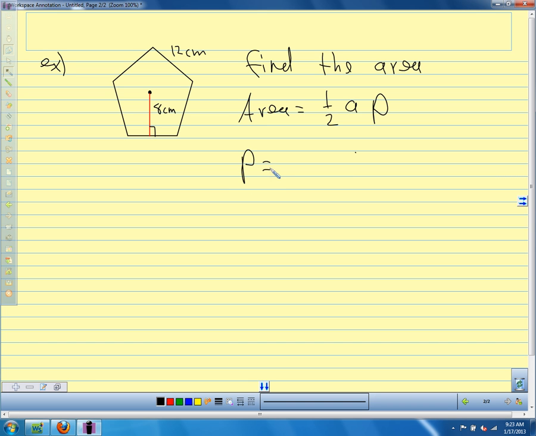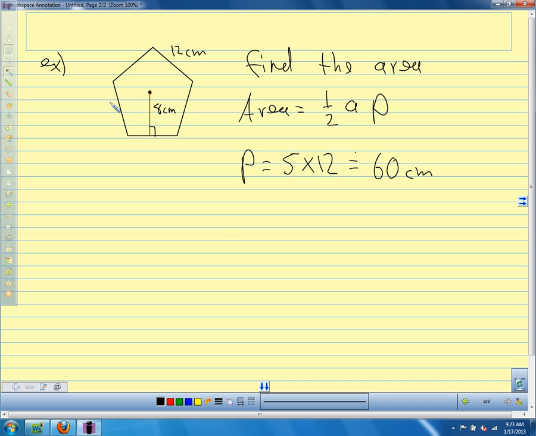If one side is 12 centimeters, how many sides do I have? 5. So what would I do to figure out the perimeter? 12 times 5, or 5 times 12, which gives me 60 centimeters. So I'm just adding up all the sides. We were talking about regular polygons, so all the sides are the same.